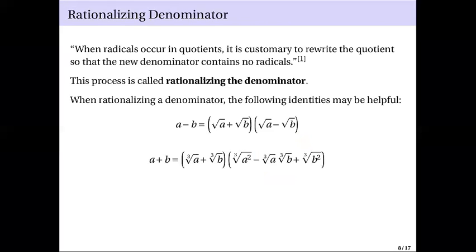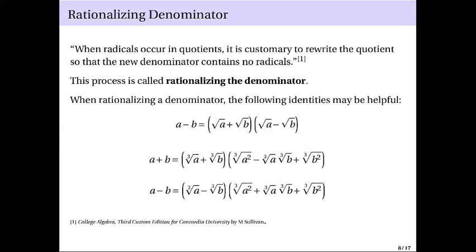We also have counterparts for the sum of two cubes and the difference of two cubes. Okay? So a plus b can also be written as the cube root of a plus the cube root of b, times the cube root of a squared minus the cube root of a times the cube root of b plus the cube root of b squared.